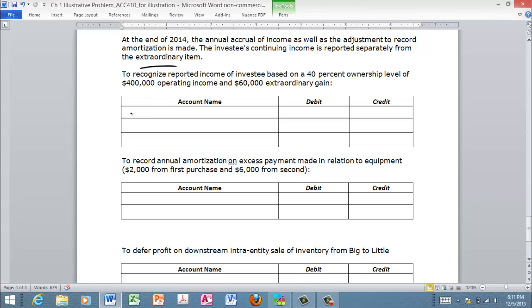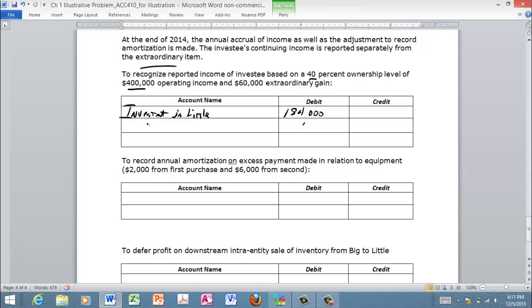So the investment in Little, I will debit that for $184,000. And that is my 40% times the $400,000 of operating income.